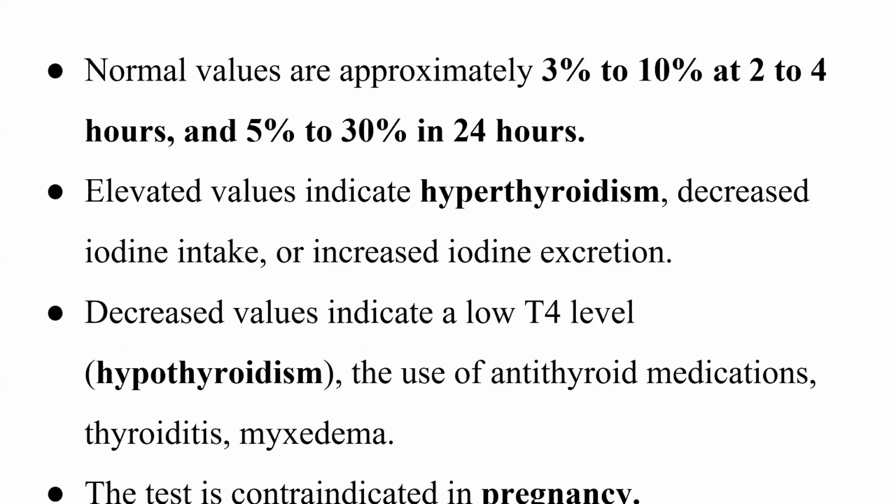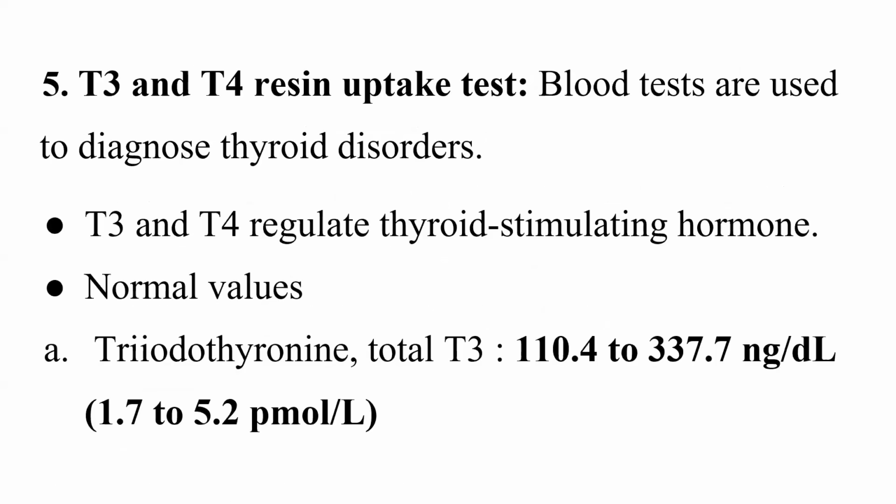So one of the basic nursing responsibilities for this kind of procedure, especially if the client happens to be female, is to check the last menstrual cycle. You ask the client for the last menstrual date, you write it, and then you carry out a pregnancy test to confirm that this patient is not pregnant before this test is done. That is basically one of the nursing responsibilities for that procedure.